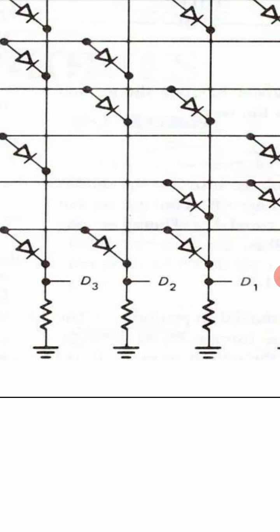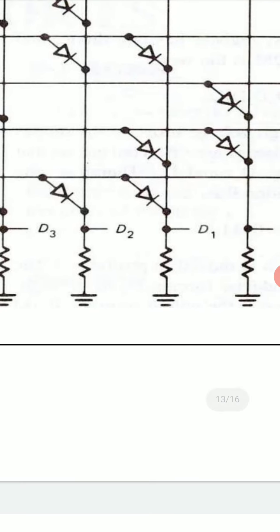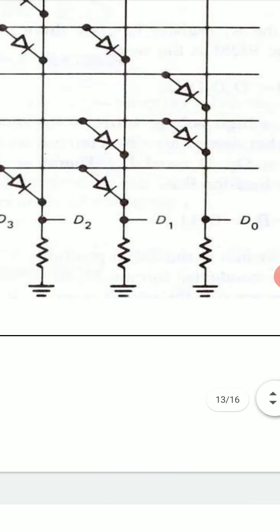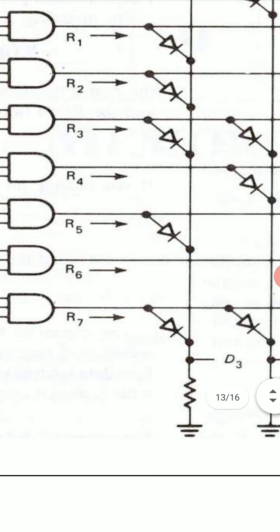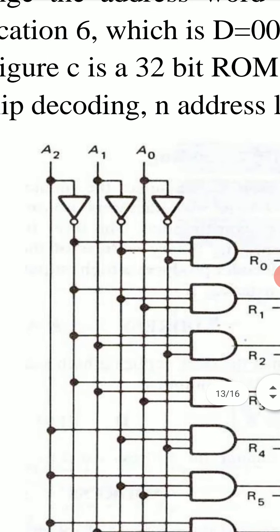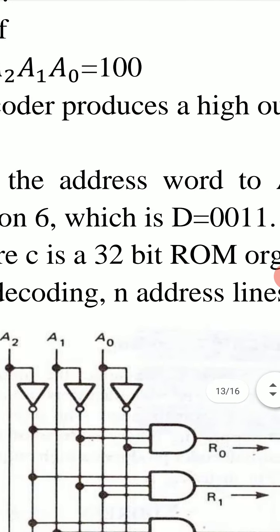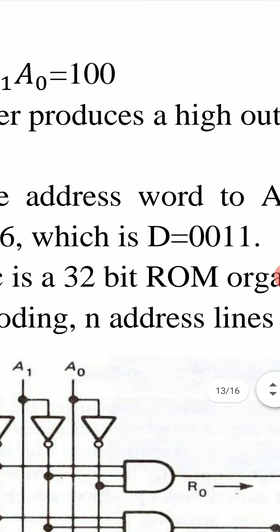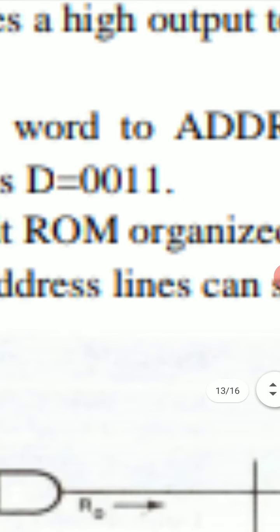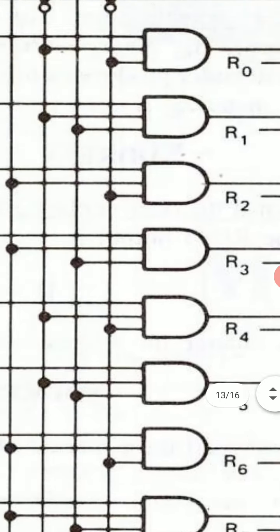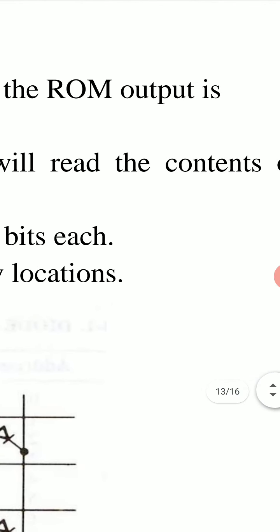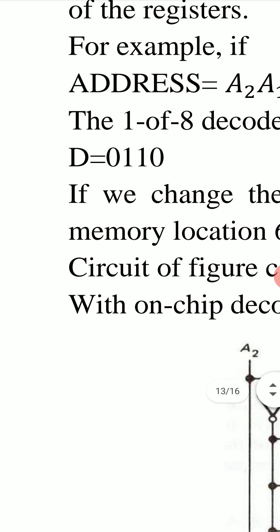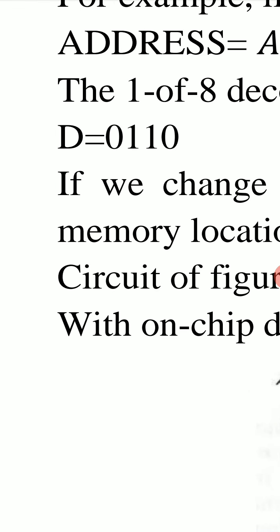So D2 is 1 and D1 is 1 and the stored word will be 0, 1, 1, 0 in R4. So if we have address A2, A1, A0 as 100, the content in this memory location is this word D, which is 0, 1, 1, 0.